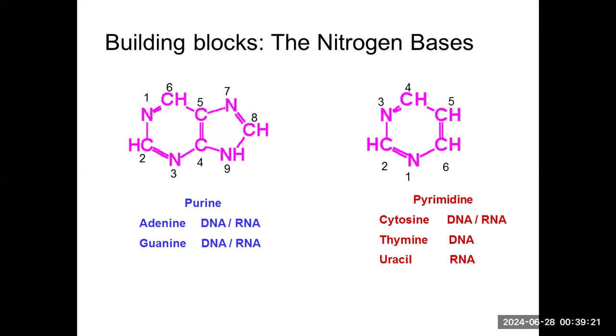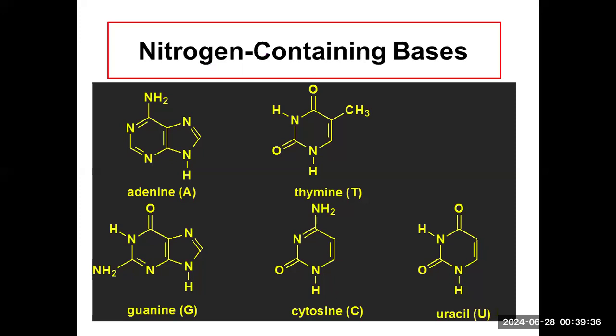Cytosine is present both in DNA as well as in RNA. Thymine is present only in DNA, and uracil is present only in RNA. So that is the structural part of the nucleic acid. Nitrogenous bases, as I pointed out, are 2 purines and 3 pyrimidines.